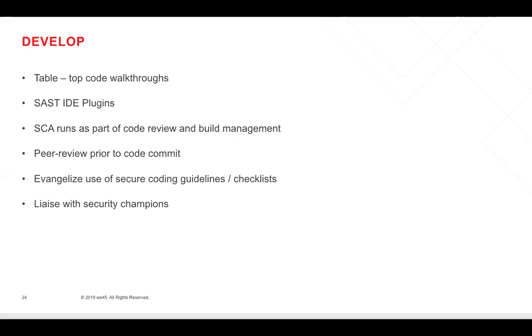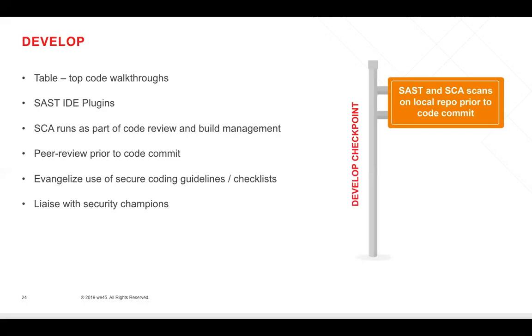So that is something that happens at that code level, and that's a good way for us to have that kind of a checkpoint in the development stage. So as a development checkpoint, it makes sense for us to not just run the SAST or SCA scans on the code base as a whole, but it will be great for us to have a commercial tool or an open source tool.